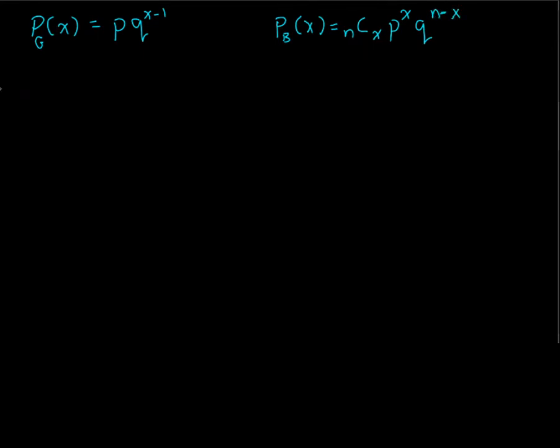Well, let's think about the geometric in terms of binomial. In the geometric, you're going to repeat until you get your first success. No matter how many trials it takes, say the first success is on the 5th trial, you're going to get failure, failure, failure, failure, success.